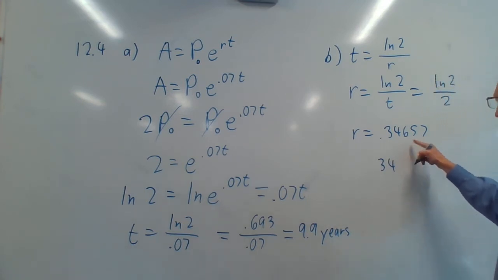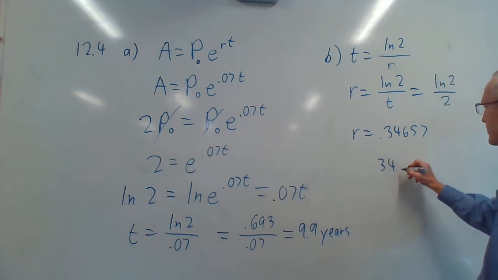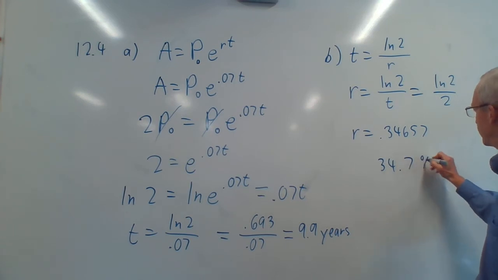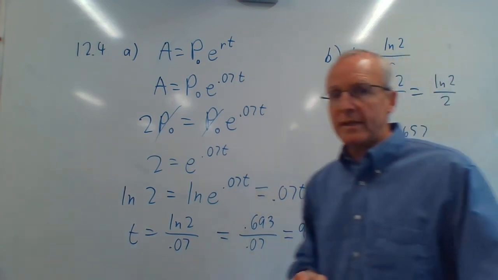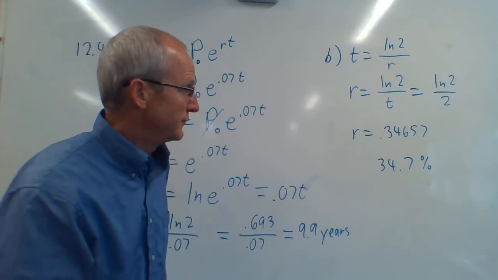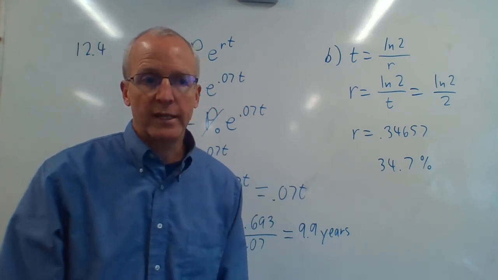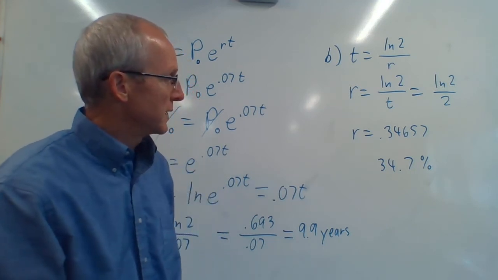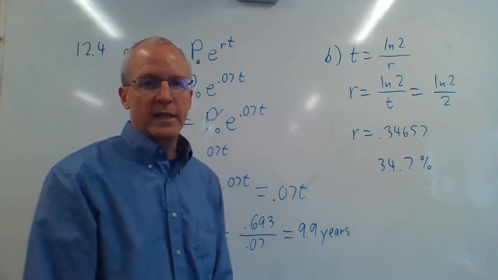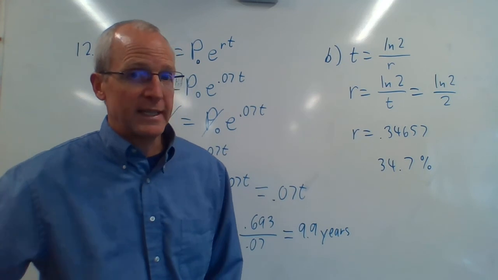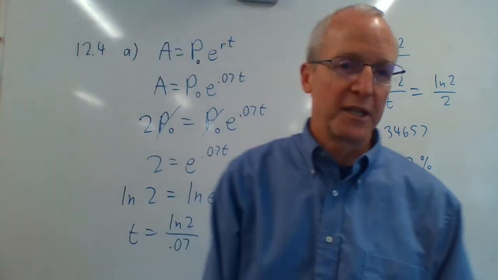I hate that; all these numbers are big. Let's say, since that rounds up, 34.7%. So if you want your money to double every 2 years, you need a continuous interest rate of roughly 35%, and you'll have double your money every 2 years. If you can get that, go for it. That would be a good deal.